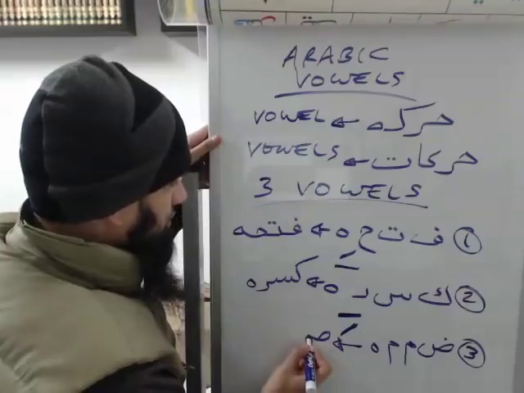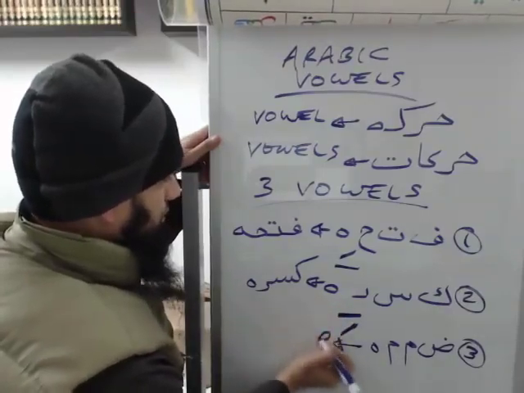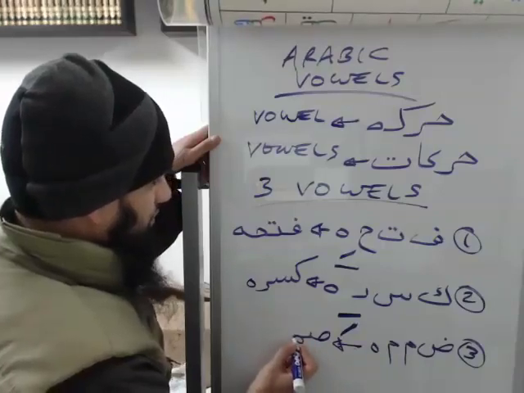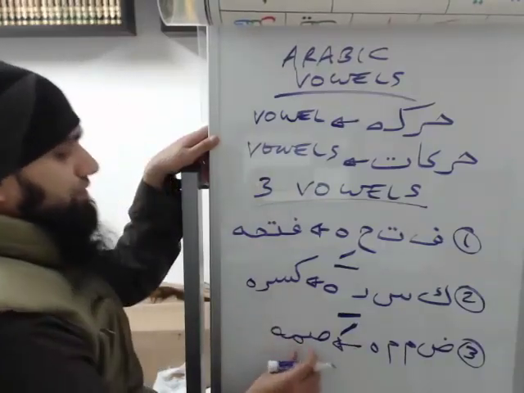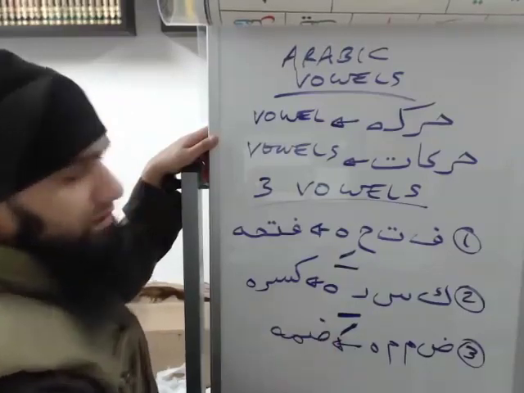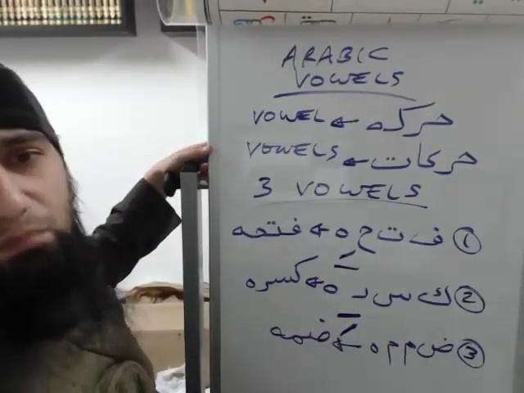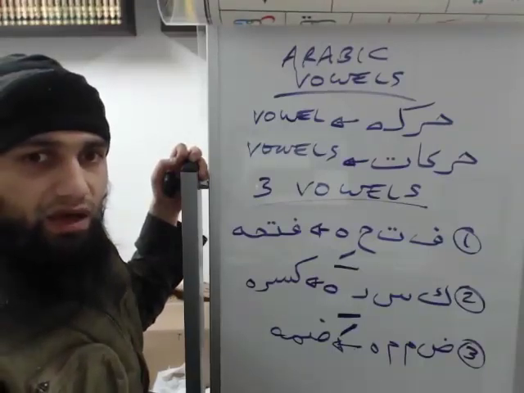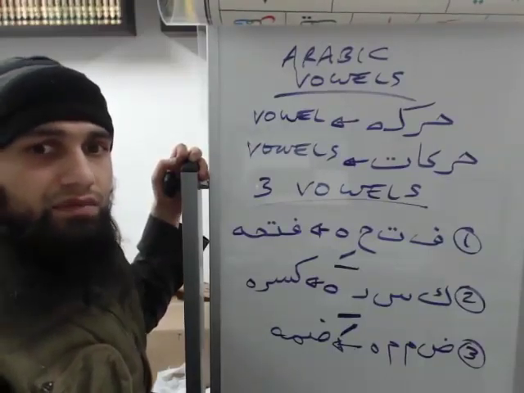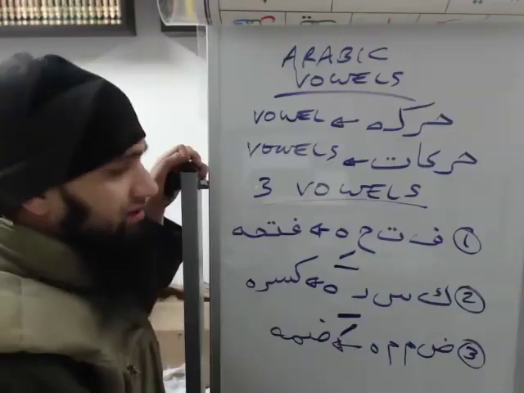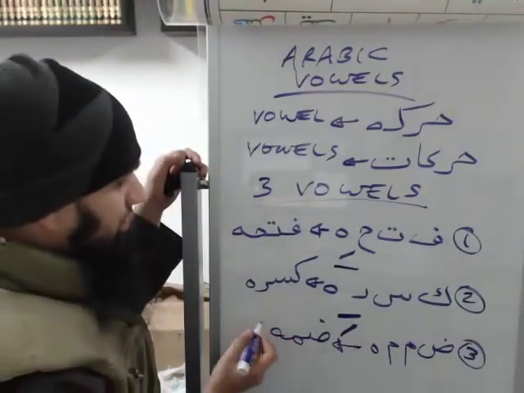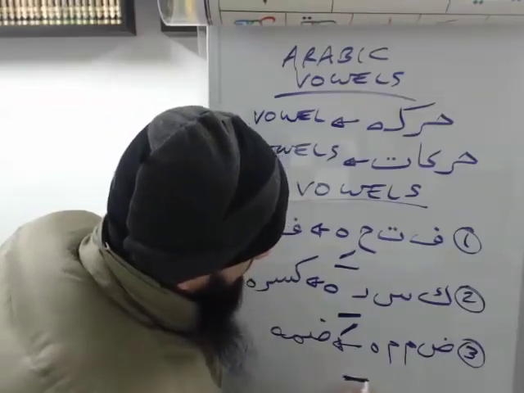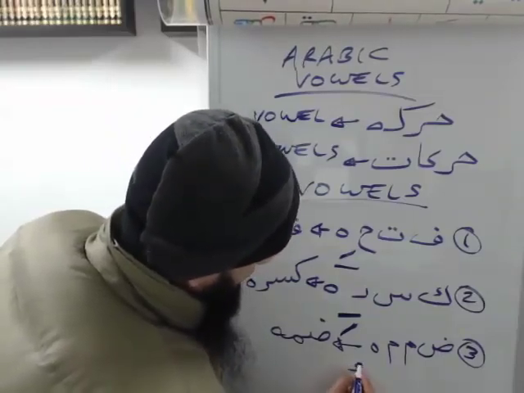So put the double mim together: dhamma. Dhamma is that which goes above the letter, but it looks like this. It looks like a small waw.